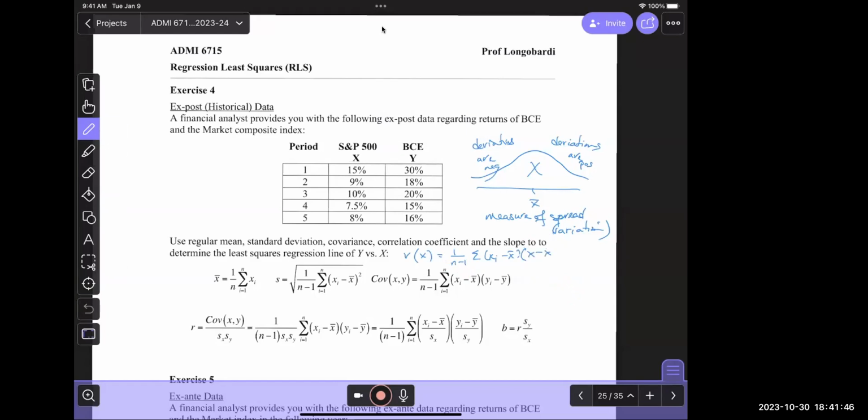I could also write it like this, and then I can talk about the covariance. This is looking at the deviation from the mean for X together with the deviation from the mean of Y at the same time. What I'm trying to do is look for a pattern.